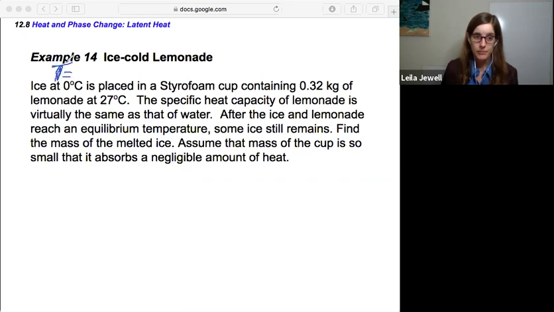Awesome. They also say it's in a styrofoam cup. That tells me that this is insulated, that we're not going to lose heat to the environment. And so this means we can use our heat gained is equal to heat lost equation. So that's really useful.